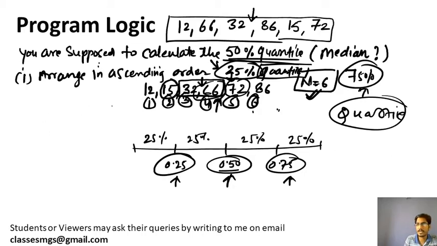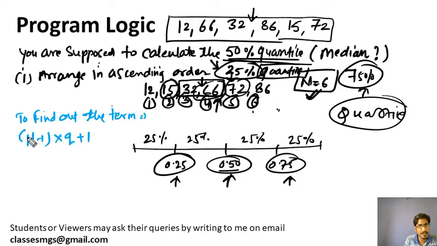I am just noting down the formula here. To find out the term, you can use this formula, (n minus 1) into q plus 1, and the second one is to find out the value at the term.